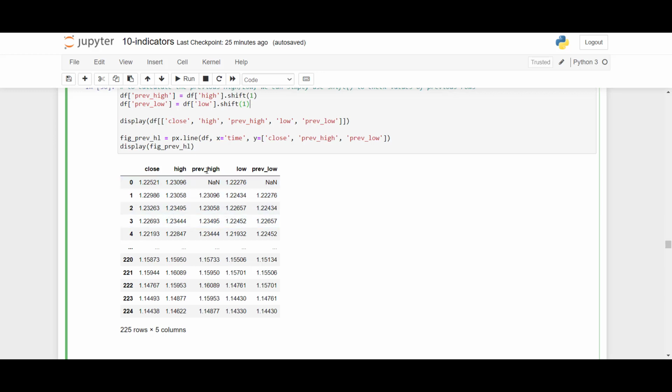The previous high has been shifted by 1. That means this value here has been shifted by 1 here, and this value here has been shifted by 1 here. The same applies for the low prices. We have the current low, and then the previous low has been shifted down by 1. That means we have the data from the previous rows.